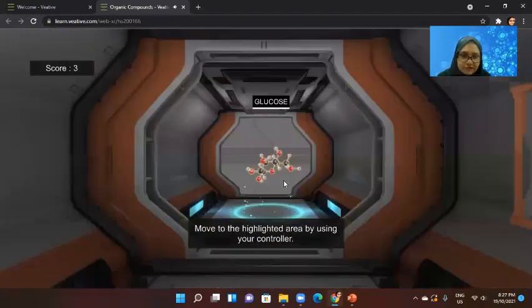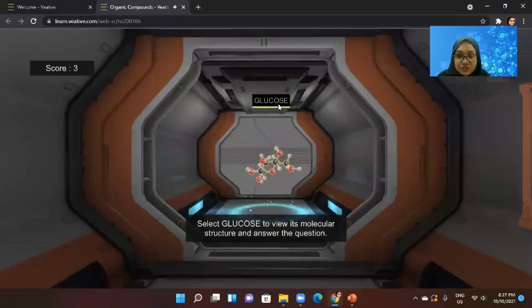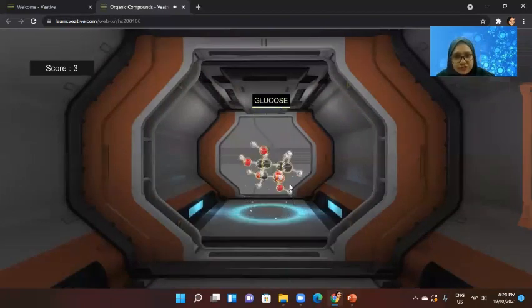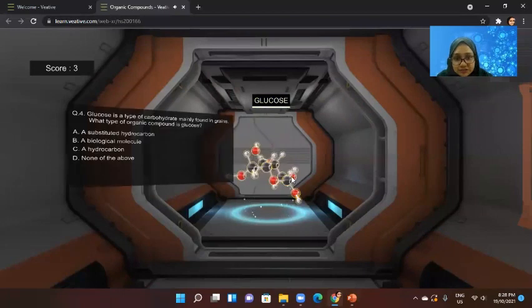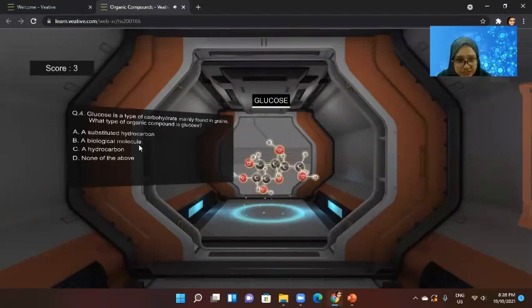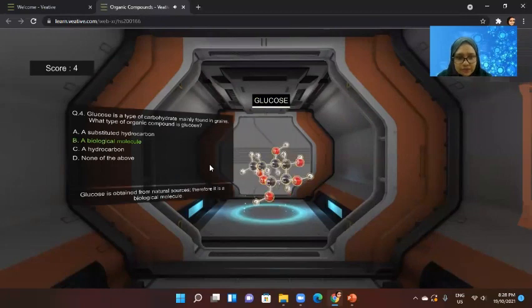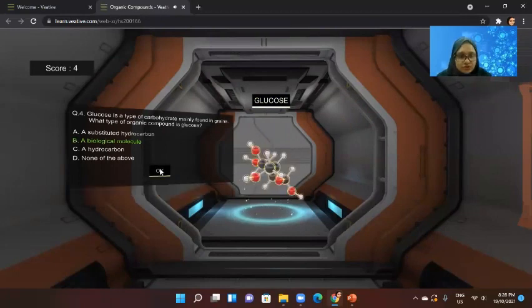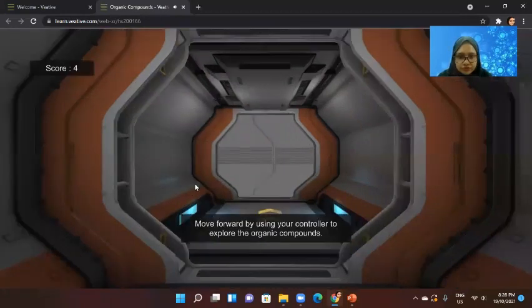Okay, we have glucose here. Glucose is similar to the sugar that we saw previously. So there's carbon, hydrogen, and you can see the red ones, which are the oxygens. So what are they? They are similar to the sugar, right? So they are biological molecule. Okay, this is from natural sources. Okay, because we can get from plants. All right, good job. Let's move.